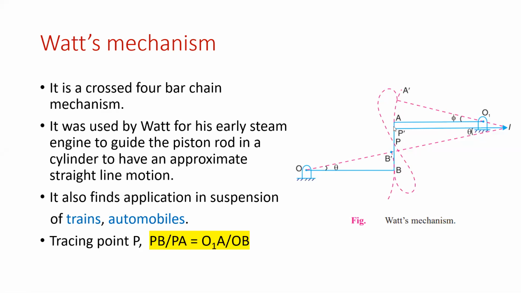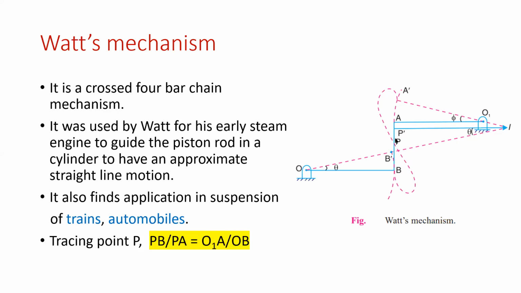Some sort of pin connection you have to use. Okay, and this rod OA, you can fix it somewhere here. Okay, so when you will give the motion, now you need to trace the path of point P.